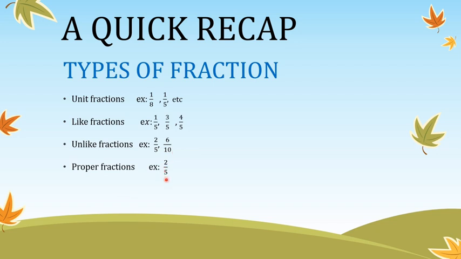Proper fraction is where the numerator is smaller than the denominator. Then you have improper fraction, where the numerator is greater than the denominator, or equal to the denominator, like 5 and 5. Both are equal and their value will be 1, so in this case also it becomes an improper fraction.